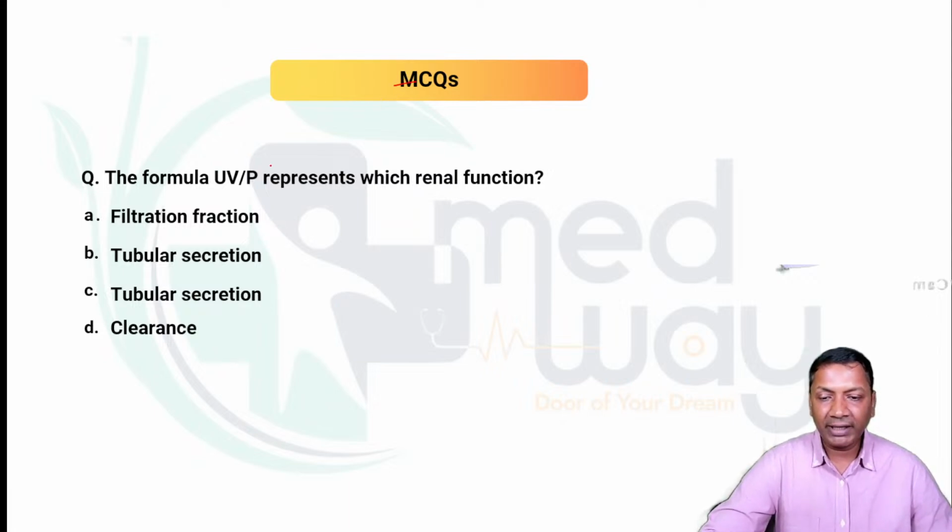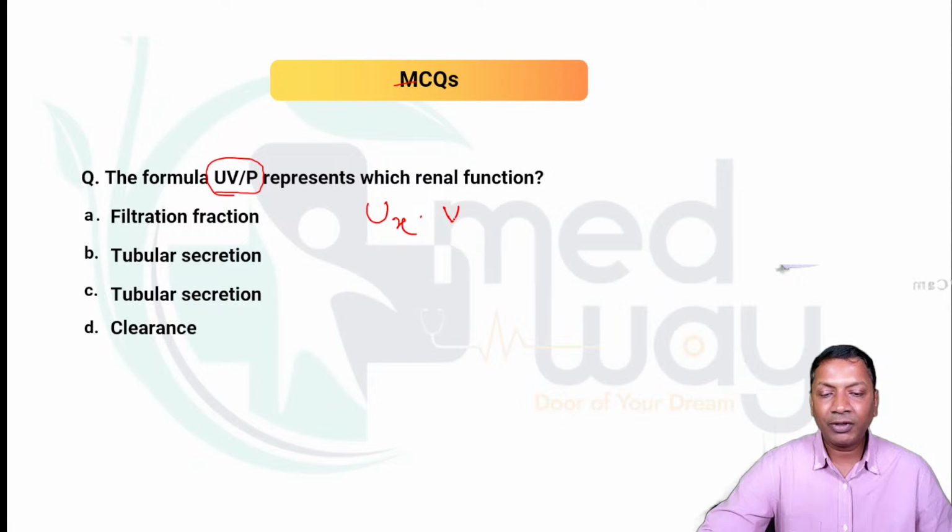In this question, we have to understand the meaning of UV upon P. U is the concentration of the substance in the urine, X. V is the flow of the urine, divided by P, the concentration of the substance in the plasma.